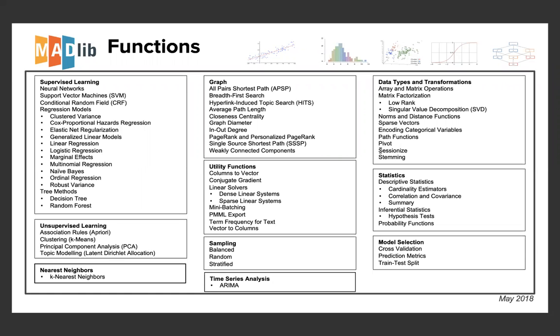It provides a wide range of machine learning algorithms, including supervised learning, unsupervised learning, nearest neighbors, graph sampling, time series analysis, statistics, data types and transformations, and model selection, and so on. Users could use the SQL interface to do machine learning in Greenplum.